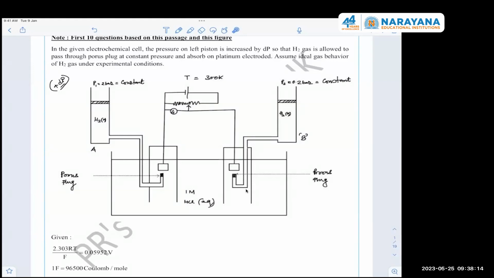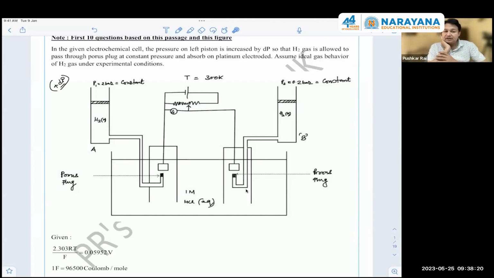So if this process is reversible, then of course we're going to have the maximum efficiency. We're not going to lose any part of the energy, and all the chemical energy is going to be totally converted into what? Electrical work. And electrical work we can easily calculate, because as soon as we said that this process is reversible, we come to know about the E cell.